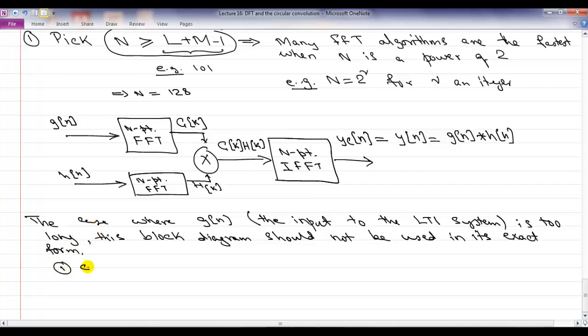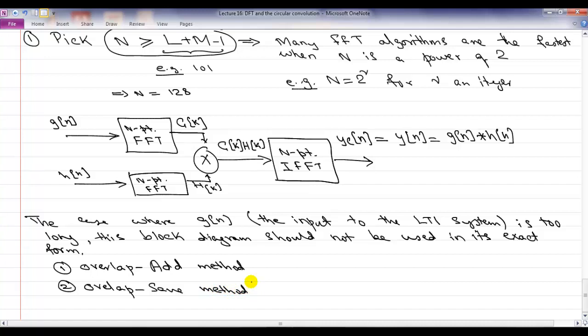One of those methods is called the overlap and add method. This is based upon how the pieces are aligned and how you add them up. And the second method is called the overlap and save method. This is a little different procedure than the overlap and add method.